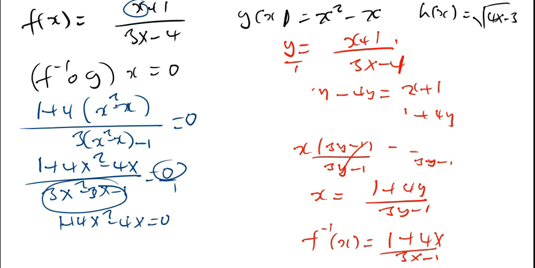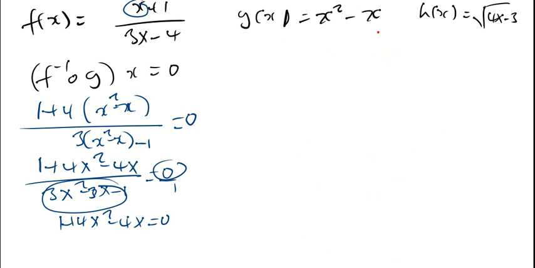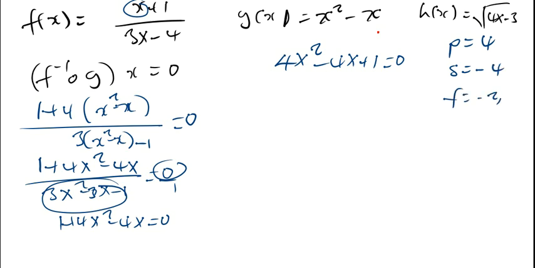So you are solving the equation: 4x squared minus 4x plus 1 is equal to 0. Can I use the product and sum? I don't think it can work out. It can. The product is 4, the sum is negative 4. Factors can be negative 2 and negative 2. Negative 2 minus 2 is negative 4. Negative 2 times negative 2 is positive 4.